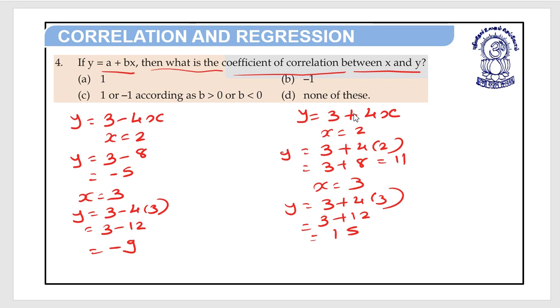Correlation coefficient lies between minus 1 to 1. r lies between minus 1 less than or equal to r less than or equal to 1.